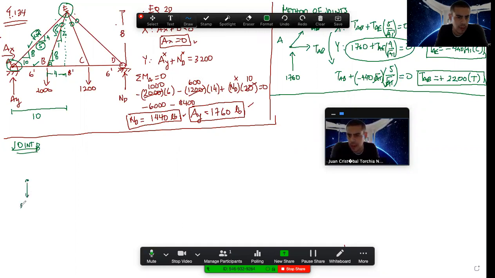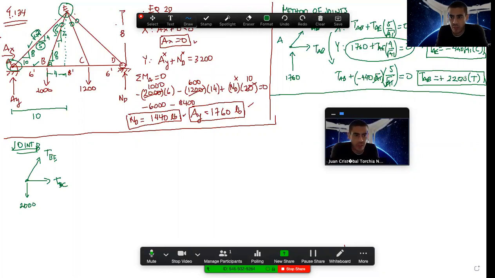I have the 2000 going down here. I have the TBC going out because I actually don't know if this thing is in tension or compression. I have this bar over here whose name is TBE, and I have this one over here, TAB. And I need to go to TAB.